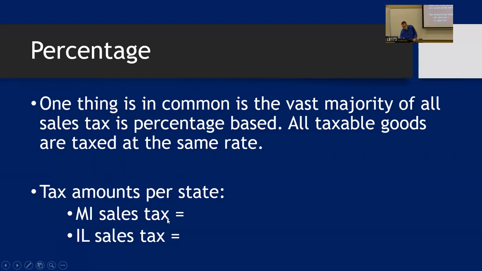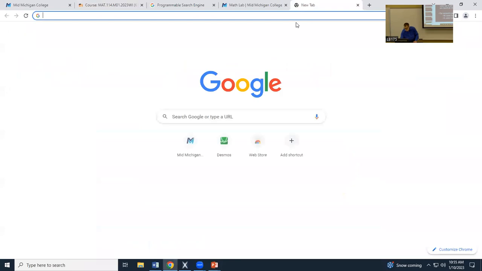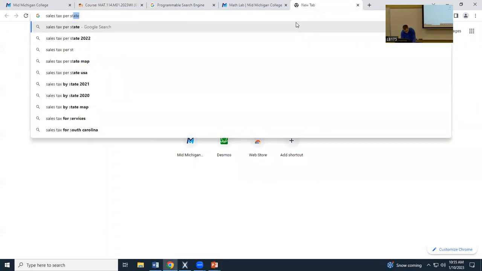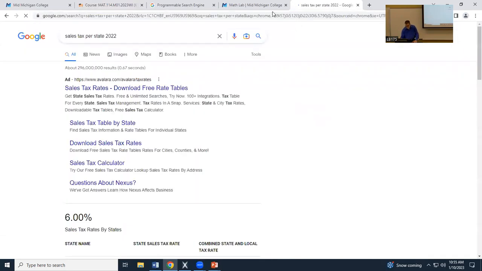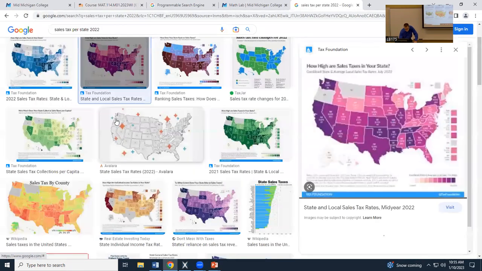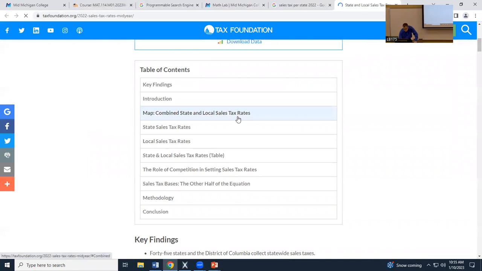If you look at the sales tax rate per state, obviously it's different. Let's see if I can do an image search here.